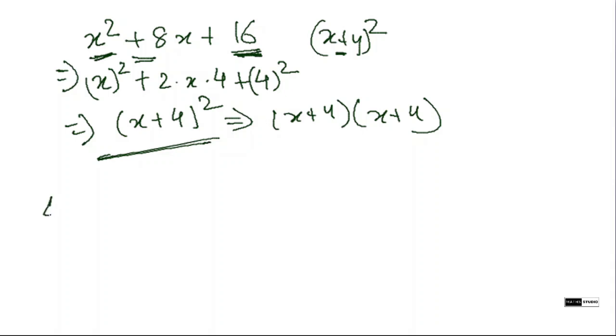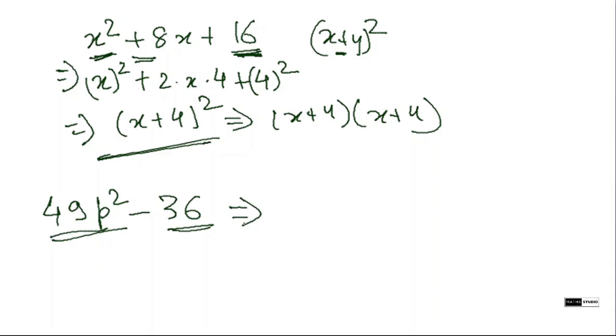Okay. Now let us look at an obviously slightly difficult question. 49p square minus 36. This is very apparent. This is a perfect square, and this is also a perfect square. So the moment we get this, we write it as 7p whole square minus 6 square.